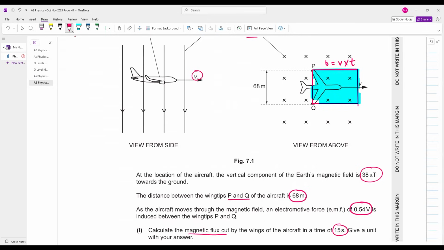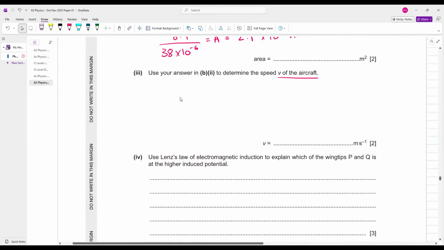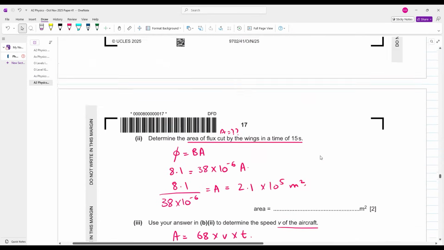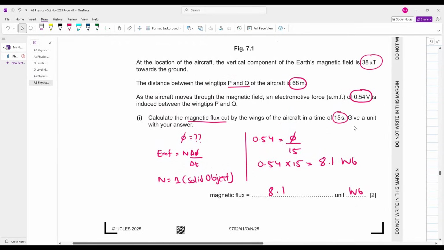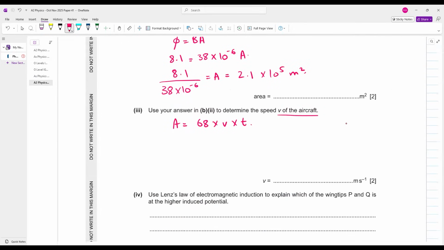If you want to calculate this length, how will you do it? Velocity v times the time that the aircraft travels. So area A is equal to 68 times velocity v times the time. Do we have the time? Yes, 15 seconds. The area is 2.1 times 10 to the power of 5, equal to 68 times v times 15.